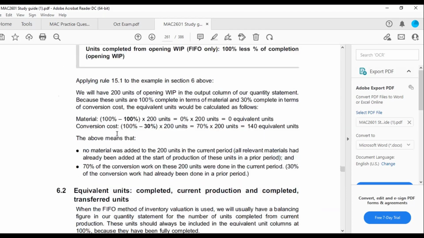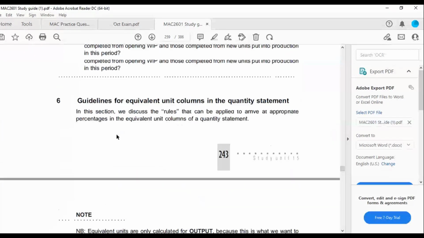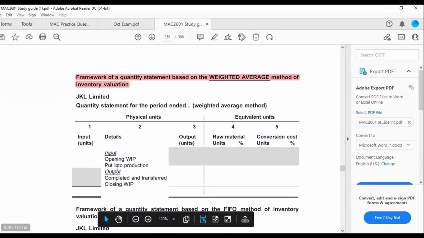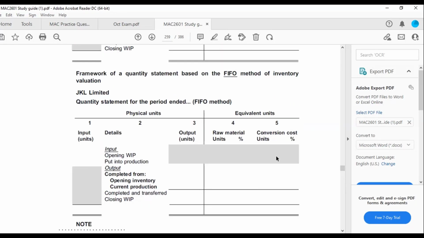And then I'm just going to look at the rules that we have. Under weighted average, we've got the inputs, the details. You're showing inputs, opening WIP, and what's been put into production. Output is what's completed, and what is your closing WIP. You'll have your units, you'll have your raw material and conversion.